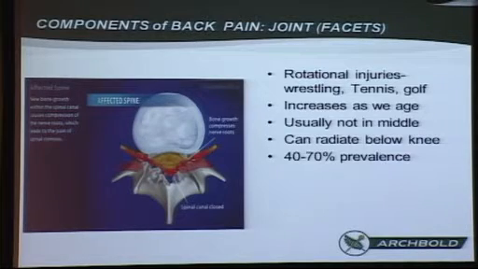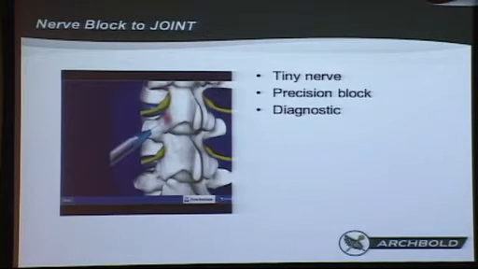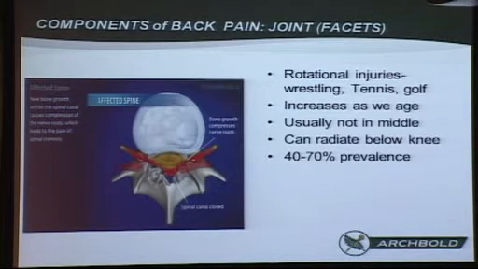So going back to the joints, we'll start with that, looking at the muscles and then the joints. These are the joints right here, again behind the spinal canal, oriented longitudinally there. It's interesting, in younger people in particular, I've seen it in wrestlers, cheerleaders, gymnasts, tennis players, golfers.